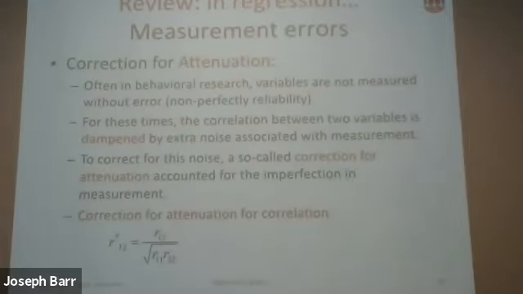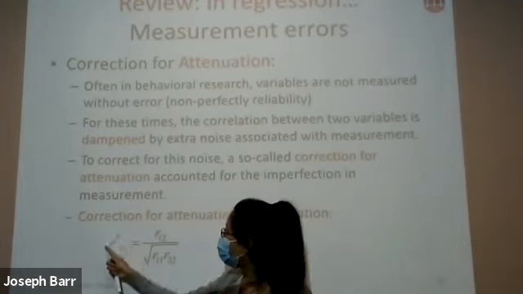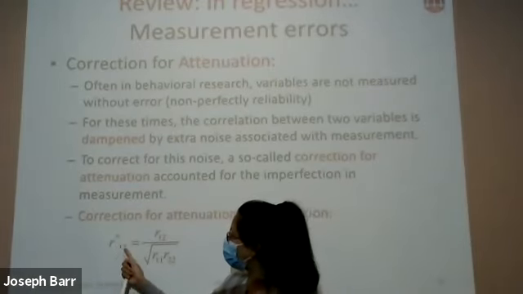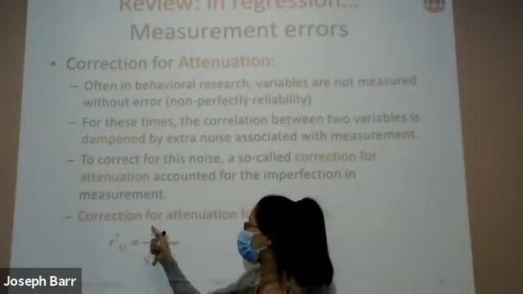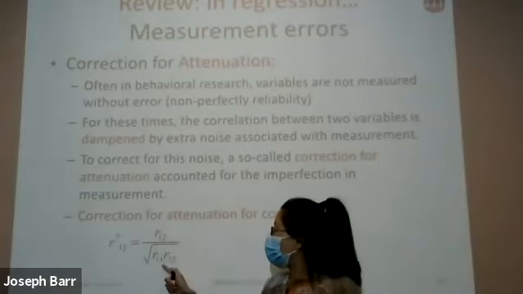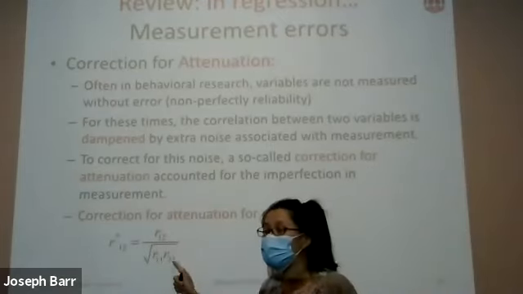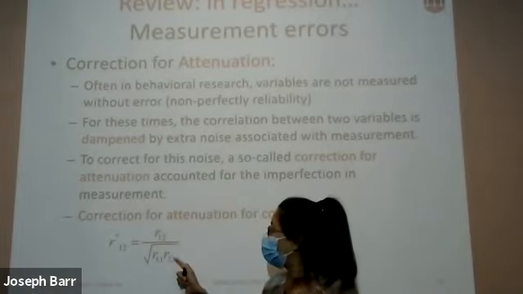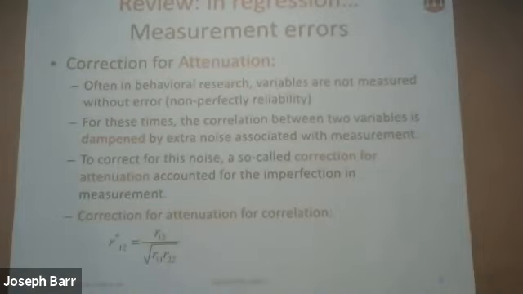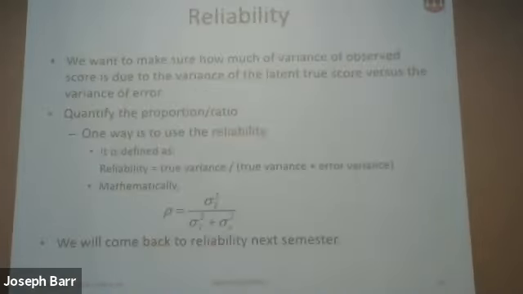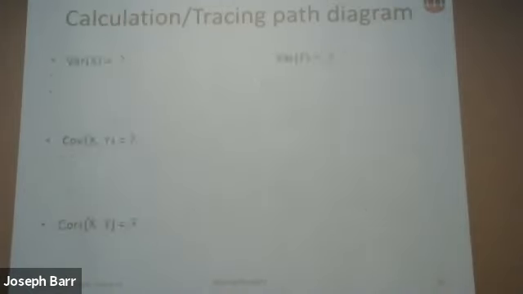This is the corrected version of the correlation between variable 1 and 2. This is the observed correlation. And what are these? These are actually reliabilities, as defined in these slides.